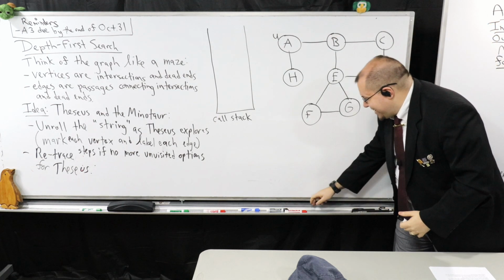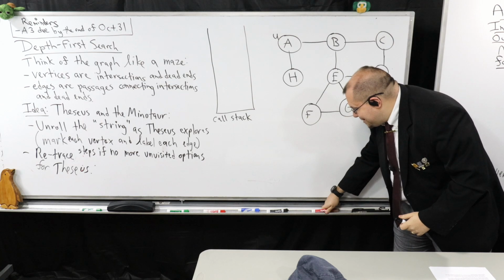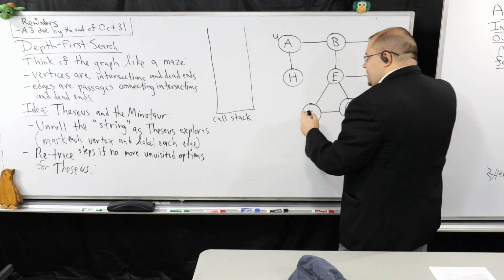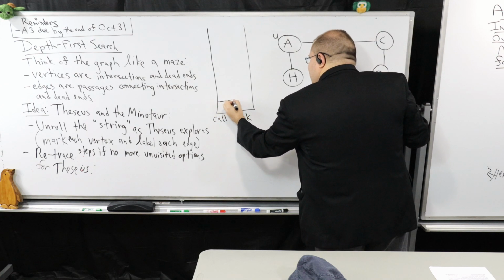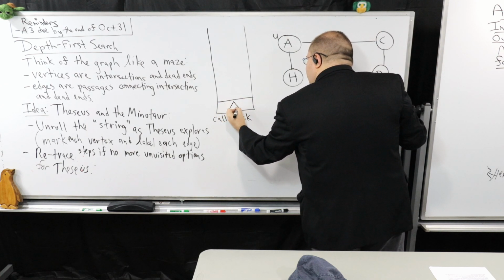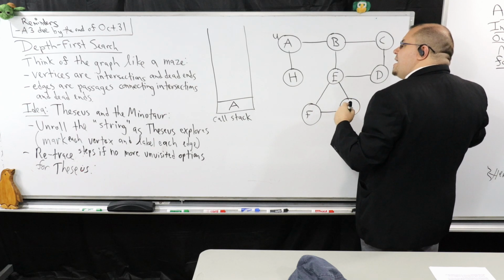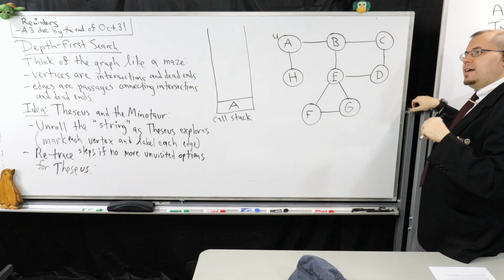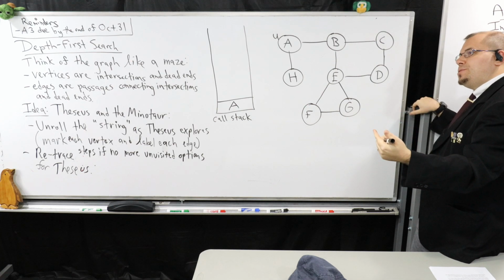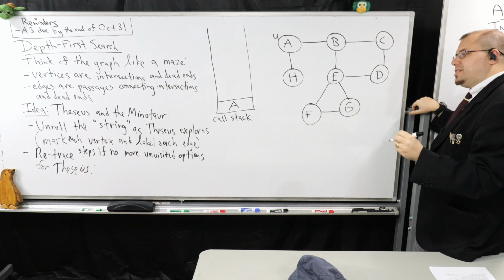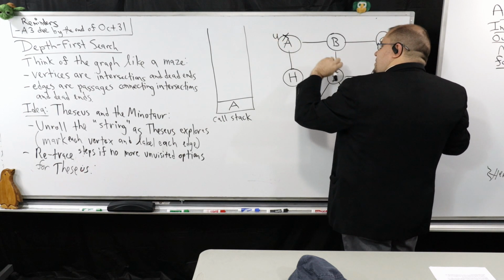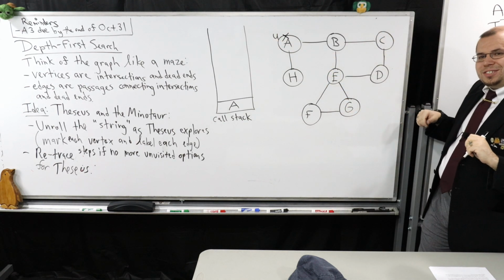So I'm going to start off by having Theseus enter the labyrinth, which means I start off at vertex A as U, and I want to reach every vertex that is reachable from U. So when I start this off, Theseus is going to mark this corridor or this intersection.